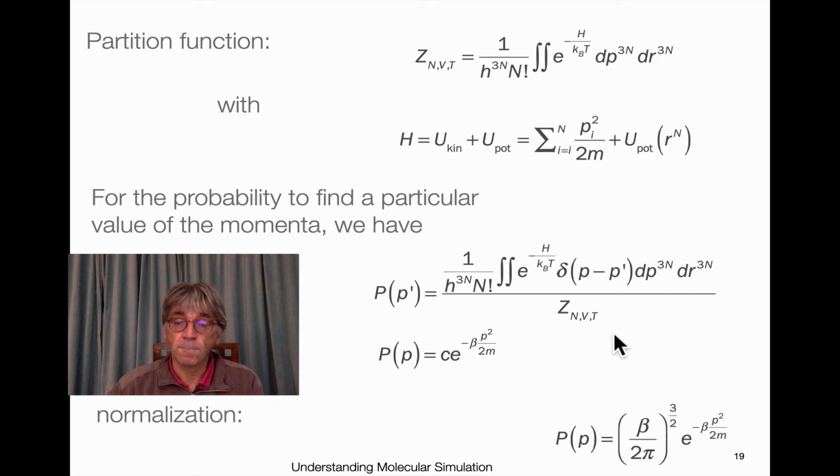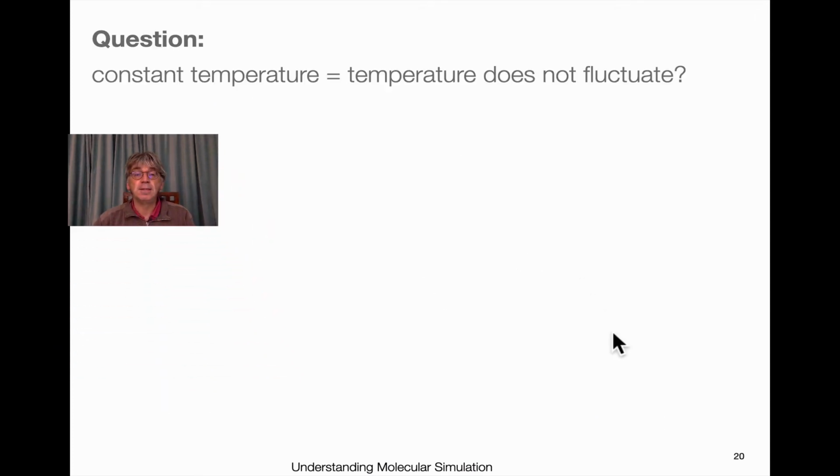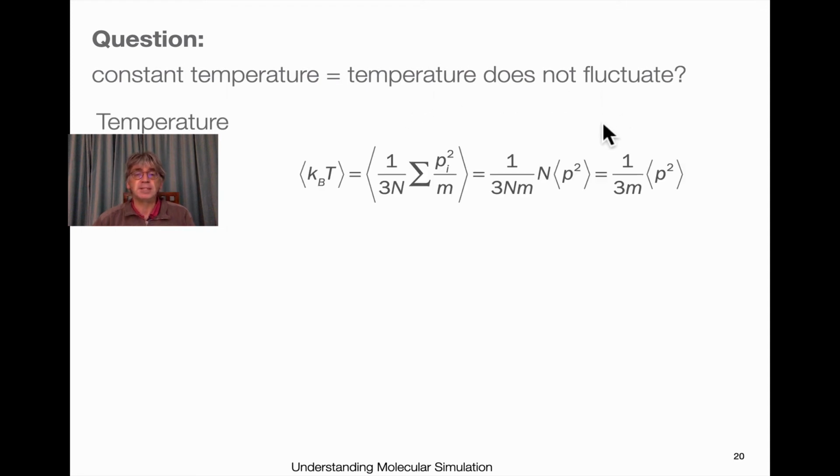Okay, so what does that mean? So constant temperature means that the temperature does not fluctuate. So if we look at the temperature, then we need to calculate the ensemble average of the temperature, which is the ensemble average of the kinetic energy.